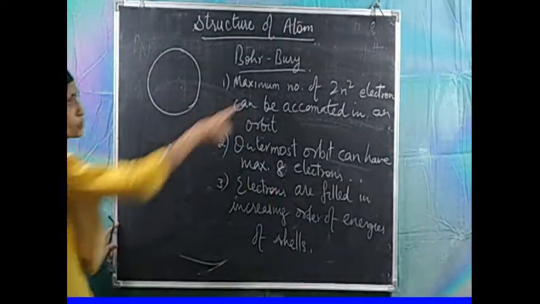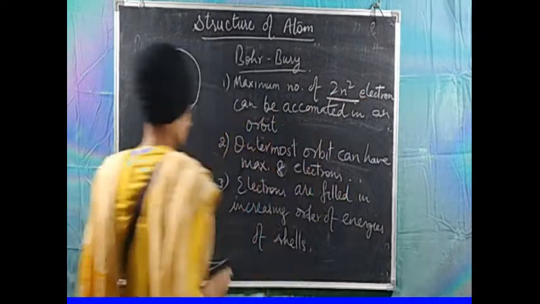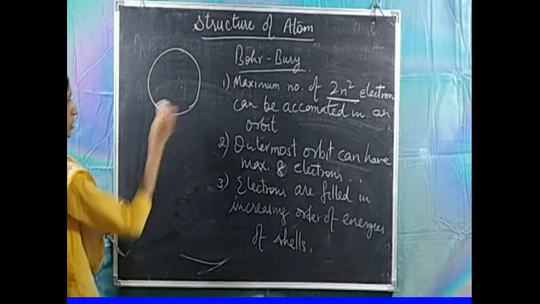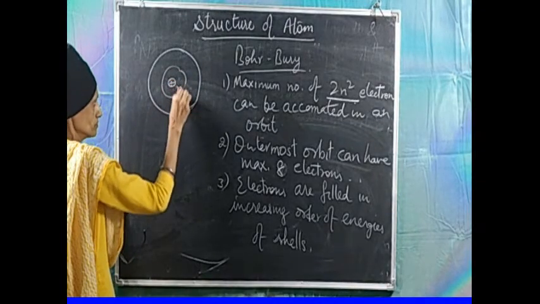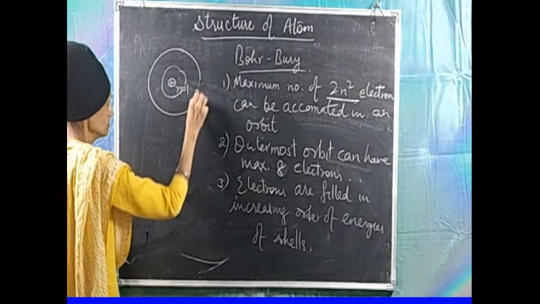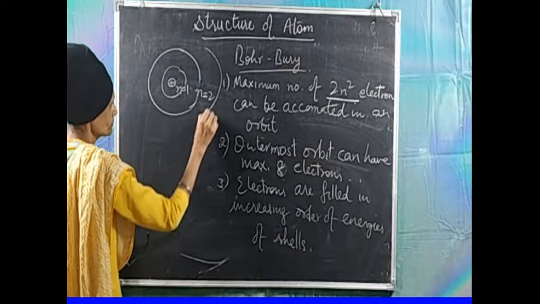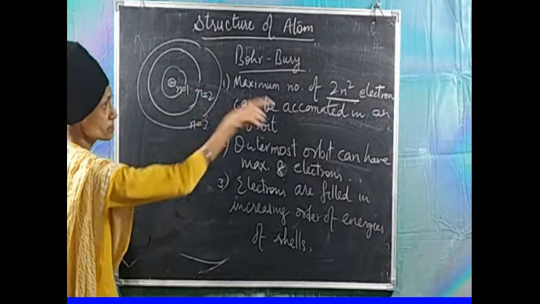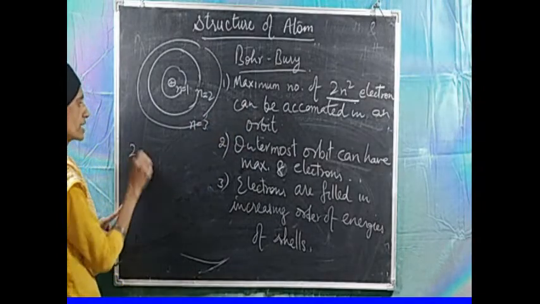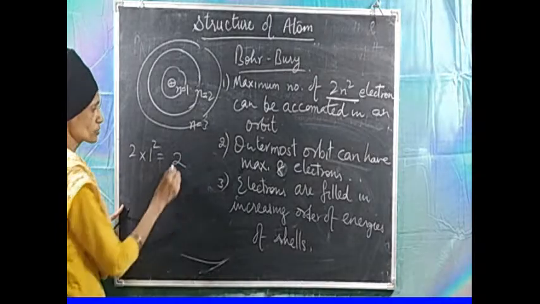So according to the 2n square rule, as you know, according to Bohr, for the first shell n is equal to 1, for the second n is equal to 2, for the third n is equal to 3. So for the first shell, put n equal to 1 in 2n square: the first shell can have 2 electrons.